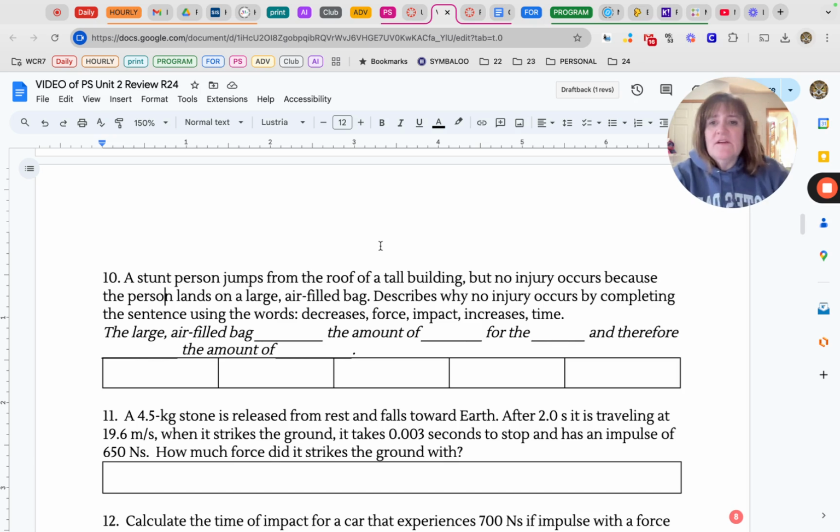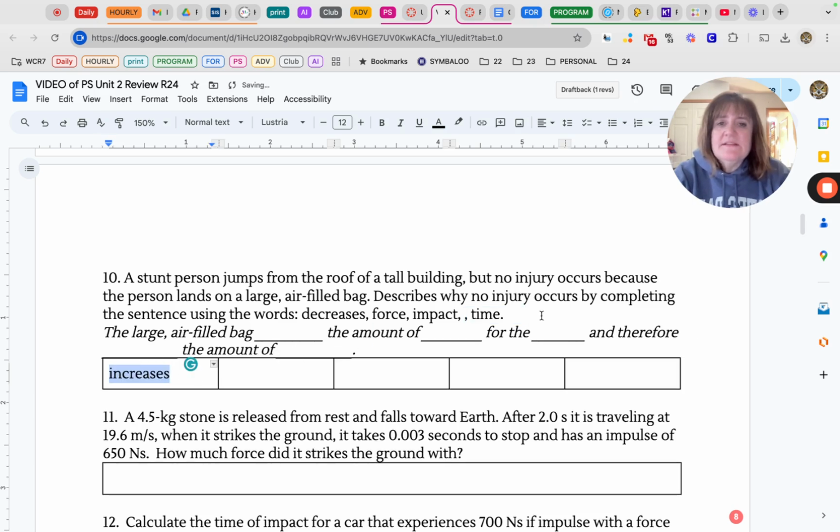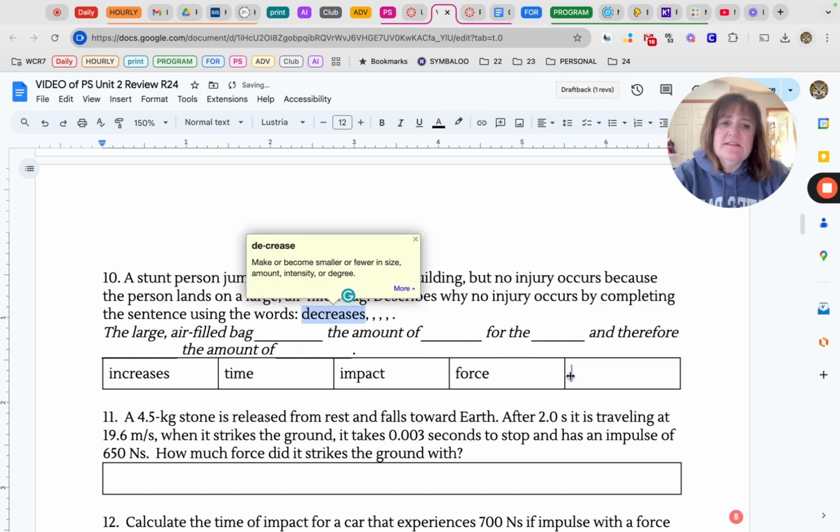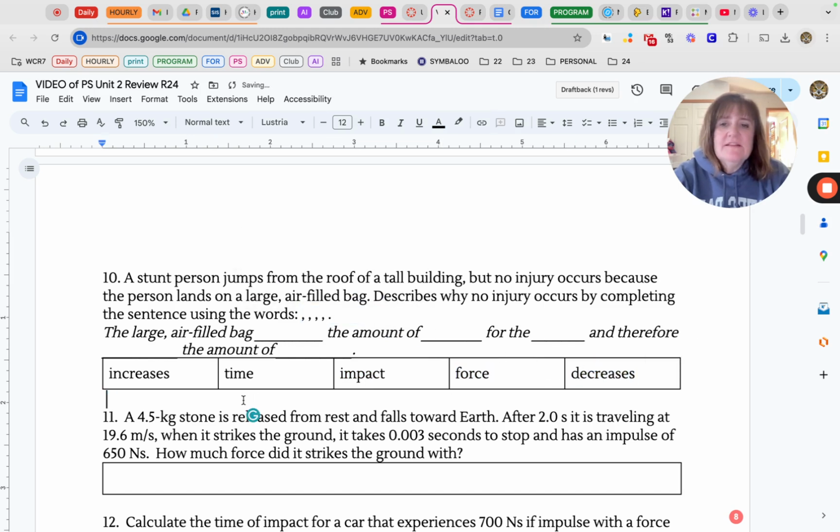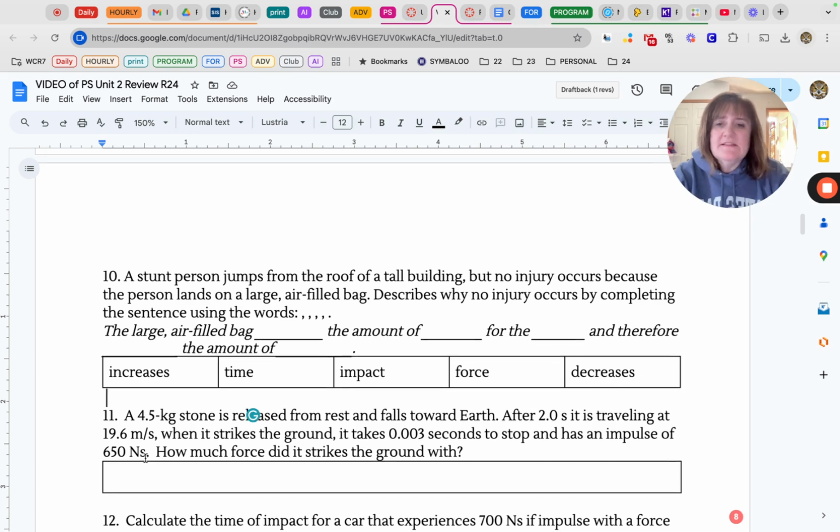So the large air-filled bag increases, and I'm just going to pick it up and move it down here, increases the amount of time for the impact, and therefore the amount of force decreases. So the sentence will read, the large air-filled bag increases the amount of time for the impact, and therefore the amount of force decreases.